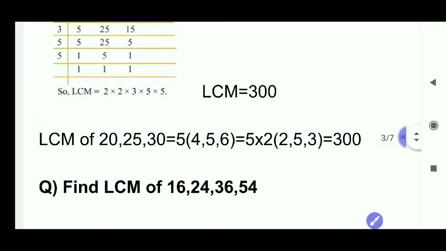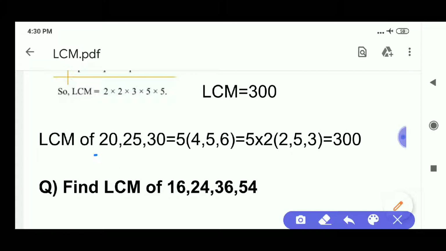In another style, LCM of 20, 25, 30. 3 numbers are divisible by 5. So we can write 5 into (4, 5, 6). What is in the brackets? 4, 5, 6.